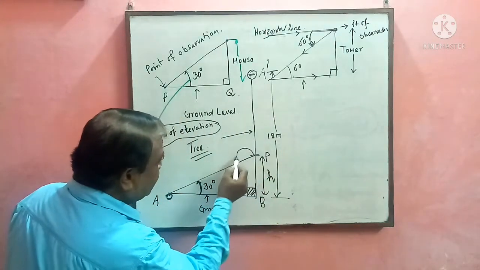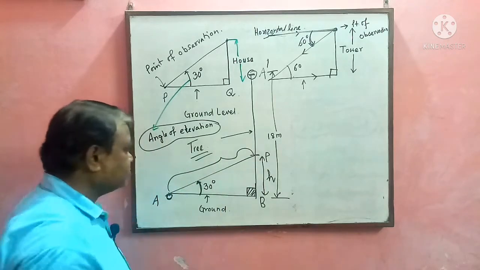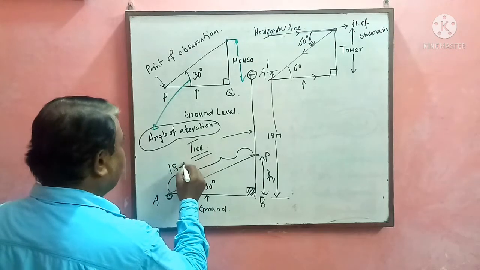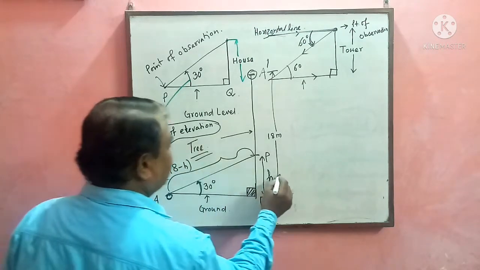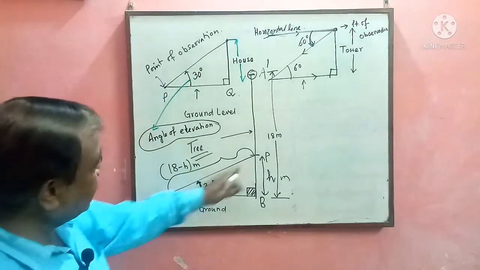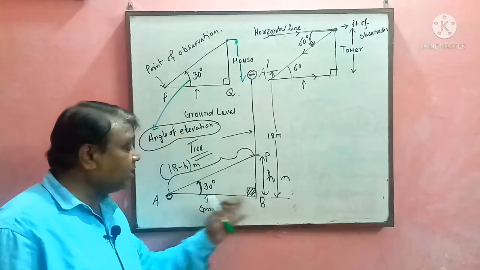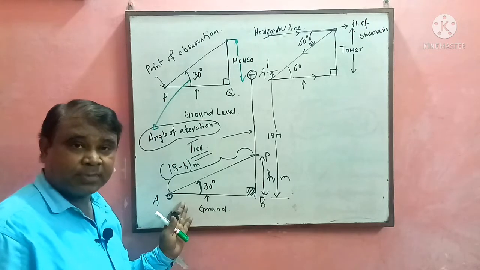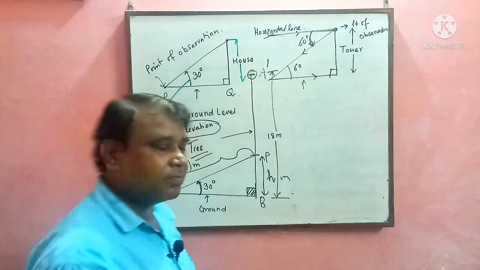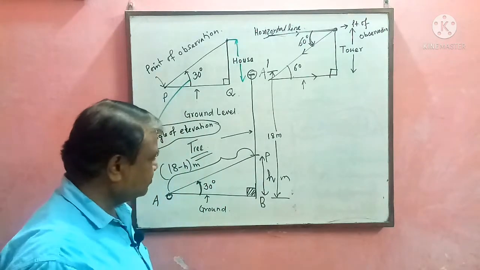So what about this one? This is 18 minus h, that is the hypotenuse of this triangle. If this is h meters, this will be 18 minus h. And it is making an angle of 30 degrees with the ground. And you will be asked at what height this tree is broken.